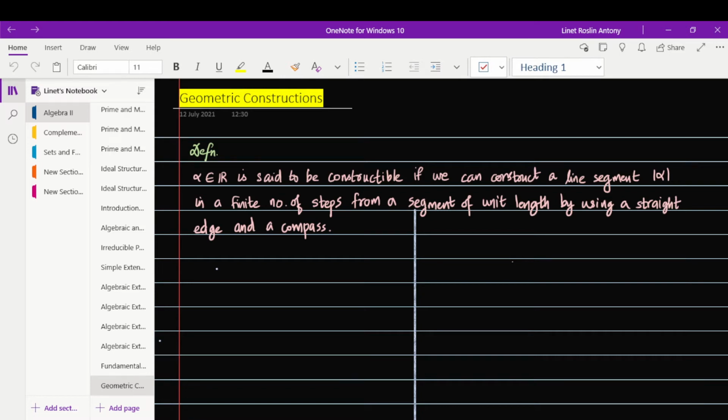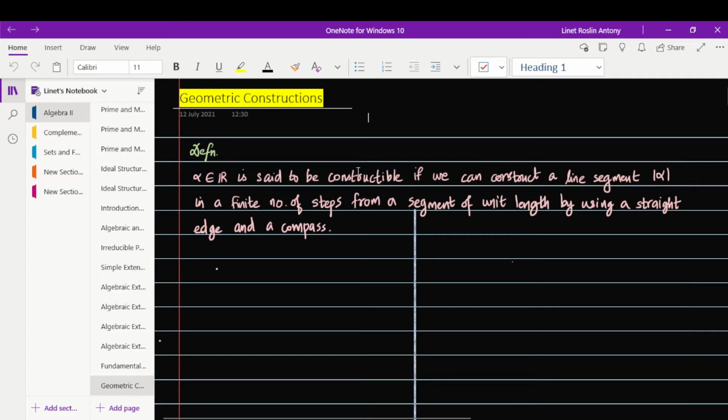Hello students, today we are going to see geometric constructions after we have learned about algebraic extensions. First of all, we will see a definition of when a real number is said to be constructible.